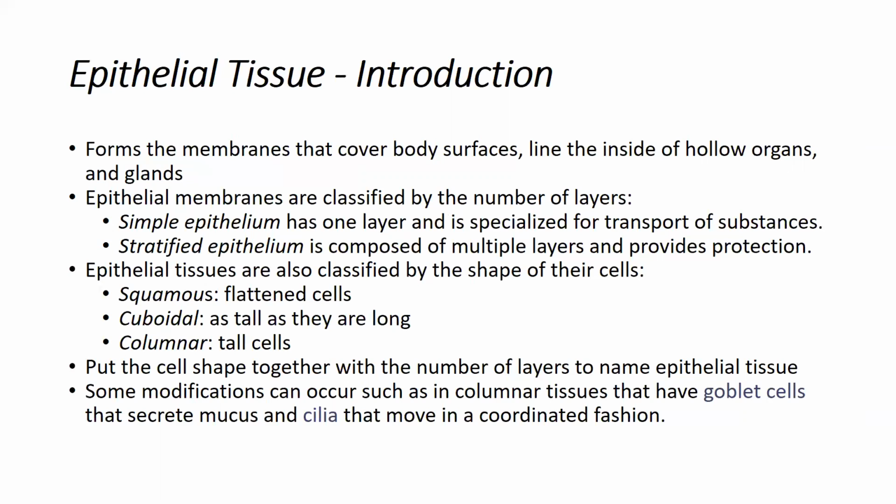Now the membranes are classified based upon the layers, right? So the layers, as well as the shape of the cells at the base, at the apicalmost layer. So there's simple epithelium versus stratified, and simple means that there's one layer of cells versus stratified where there's more than one layer of cells.